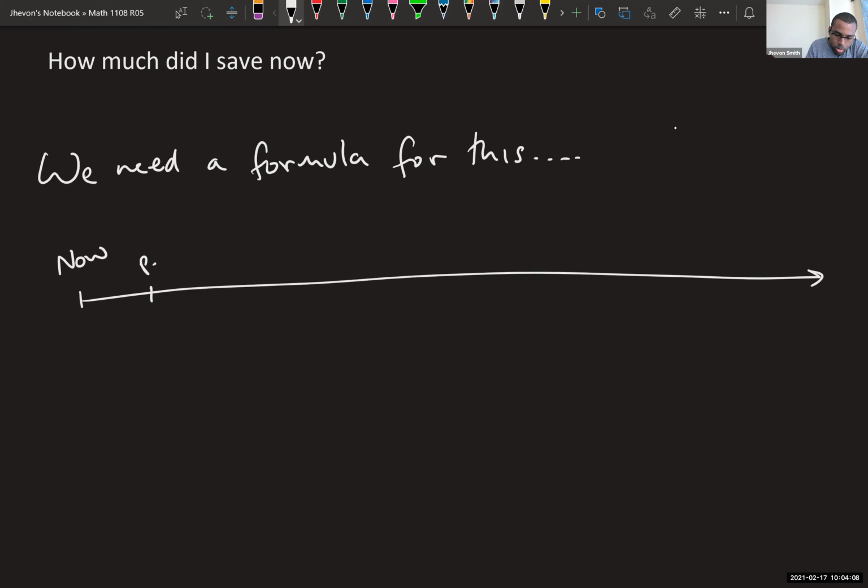And I want payments for M periods in the future. So if I'm looking for every month for the next 5 years, your M would be 60 in this case. There are 60 points at which you want to be able to withdraw $1,000.